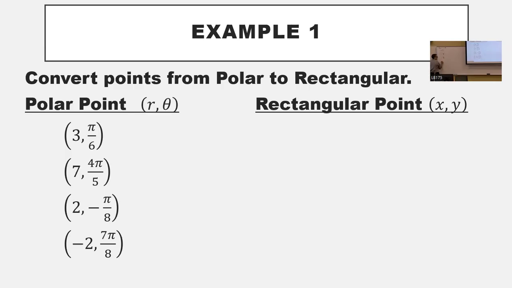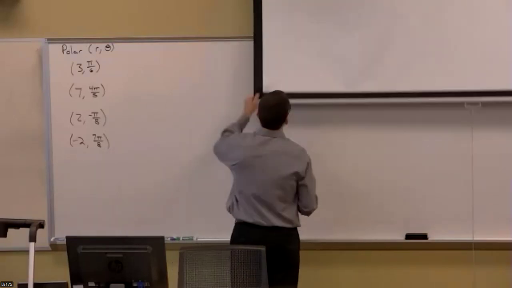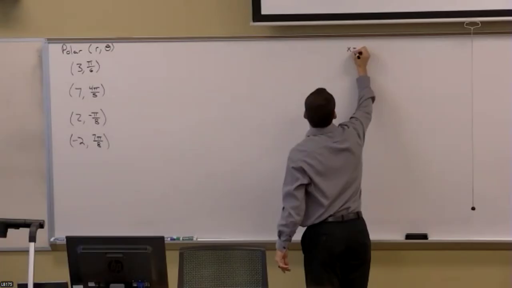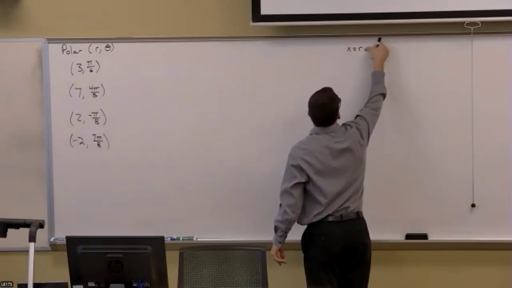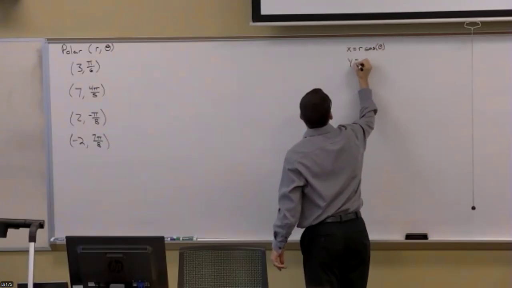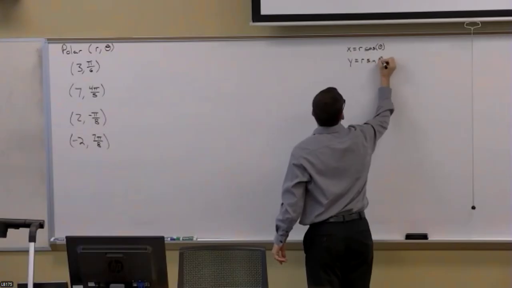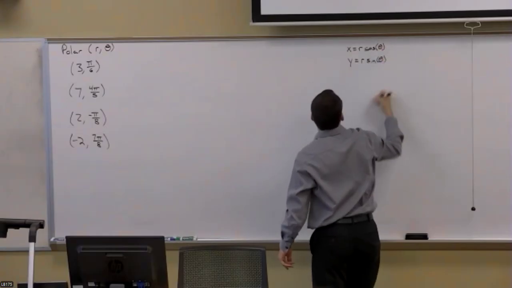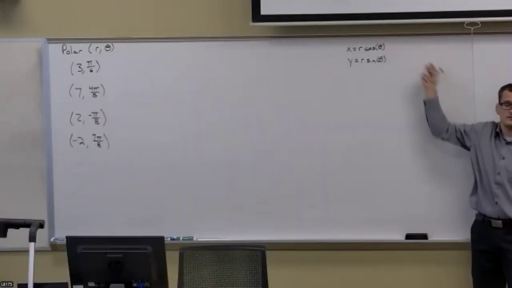And then negative 2, comma, 7 pi over 8. And we want to convert those points into rectangular ones. These are the 2 equations that we're going to use.